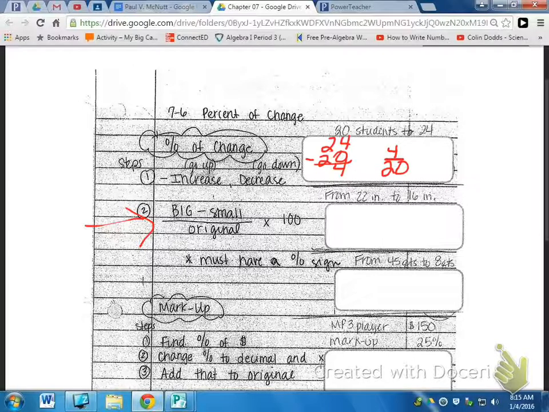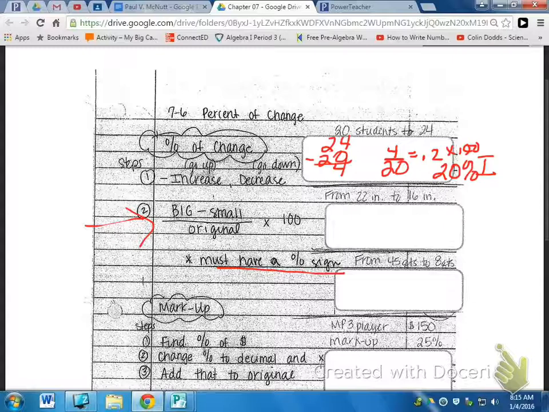So 4 divided by 20 is 0.2. Okay, it's 0.2. If I reduce that, it would be 2/10. So 0.2, and I take that times 100, and you would say that it is a 20% increase because it went up. A 20% increase because it went up. Notice it says right down here you must have a percent sign on these because it is a percent of change.